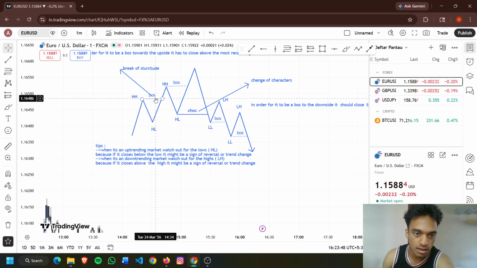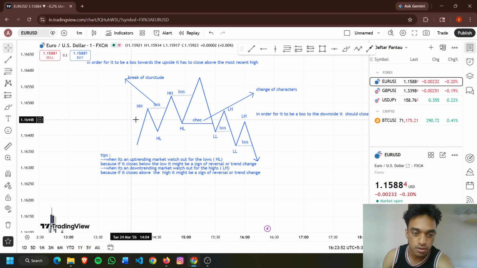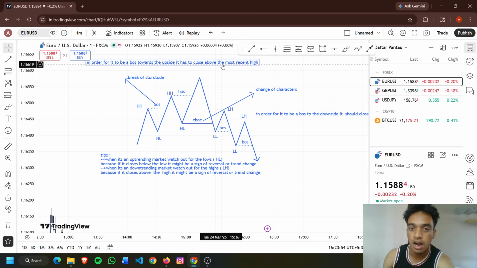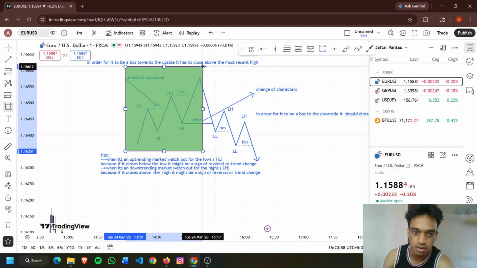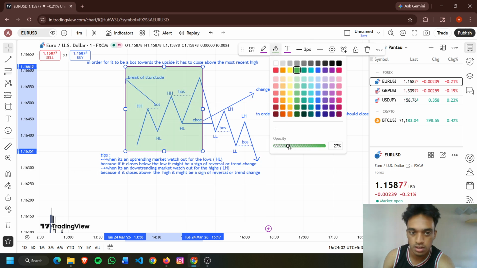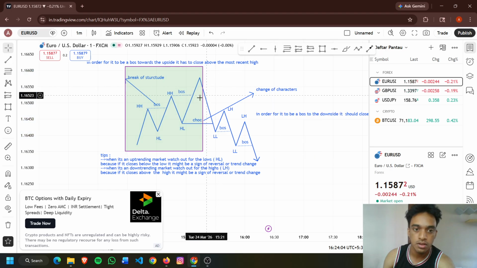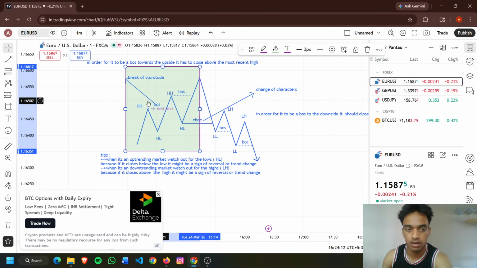So basically, break of structure is when, for example, in the case of an uptrending market, this much is called an uptrending market over here. Let me reduce the color so that it'll be visible. So this part, till this rectangle I've drawn, is an uptrending market.